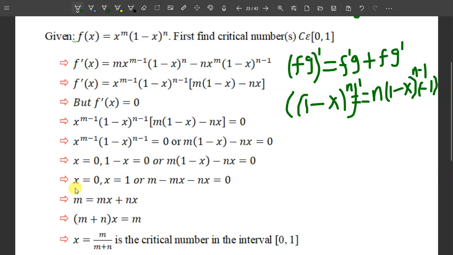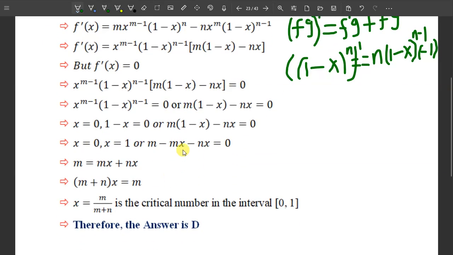From this, we will get x is equal to 0, or x is equal to 1, or m minus mx minus nx is equal to 0. Let us rearrange, collect those terms that contain x together, and collect the one that doesn't have x. Move this one to the right, m is equal to mx plus nx.